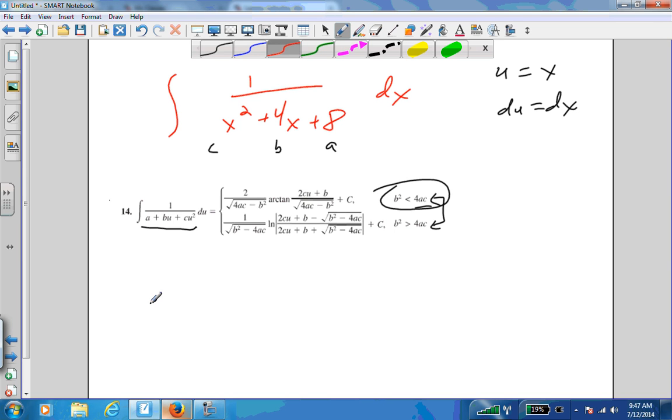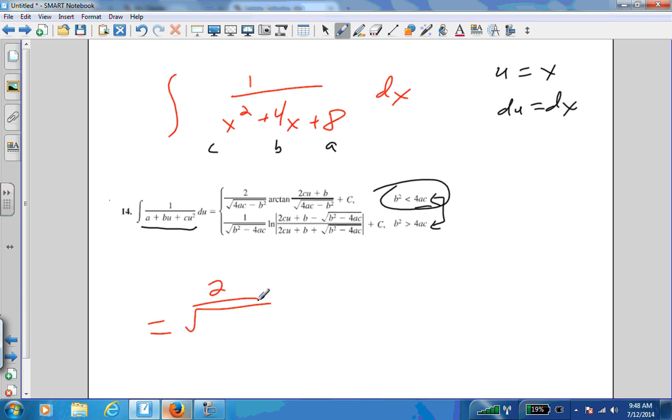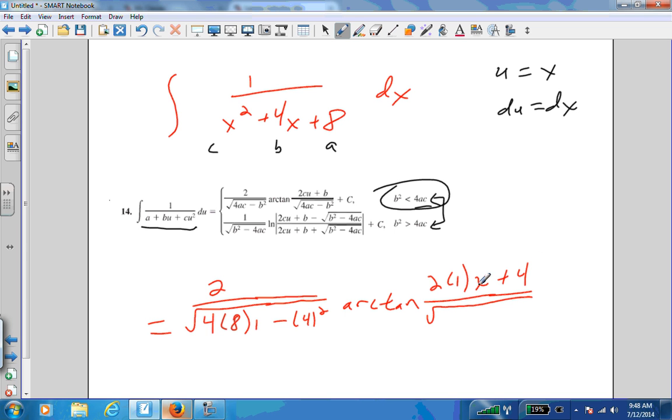So our integral comes out to be 2 over the square root of 4ac minus b squared, times arctangent of 2cu plus b over the square root of 4ac minus b squared, then plus c.